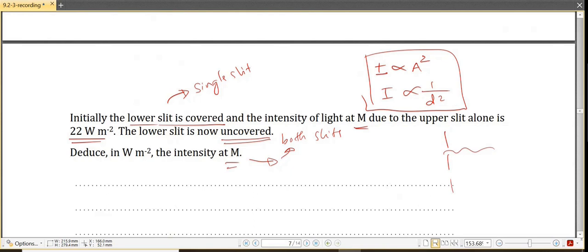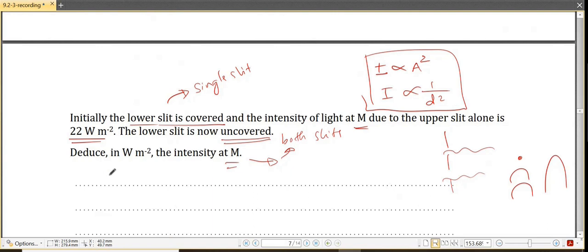When you have both the slits, two waves are reaching. Now, of course, we know that this is a bright spot. That means constructive interference is happening there. When constructive interference happens, two crests are getting combined, giving rise to a bigger crest. So the amplitude is doubled.